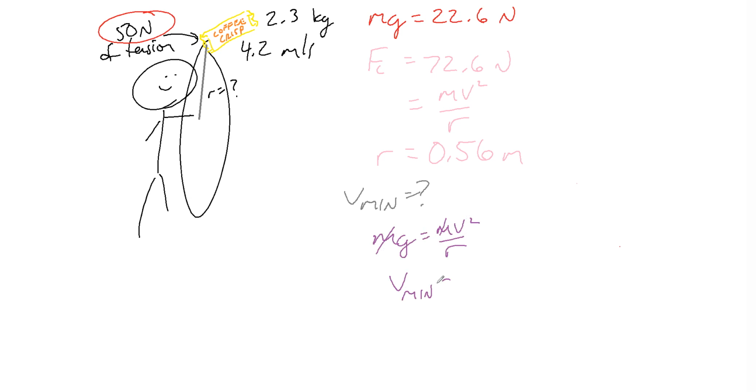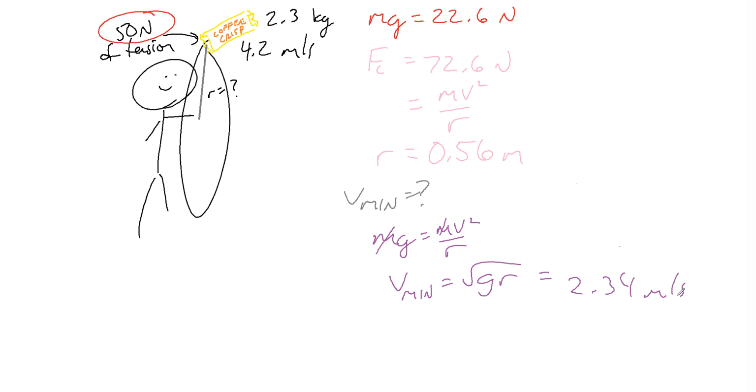So my v min would be the root of g times r. So again, it's all dictated by the actual radius of the path, not the mass itself. And if we calculate that, we can get a v min of around 2.34 meters per second. So 2.34 would be the minimum to go around. This one's going around at 4.2, so it easily makes it.